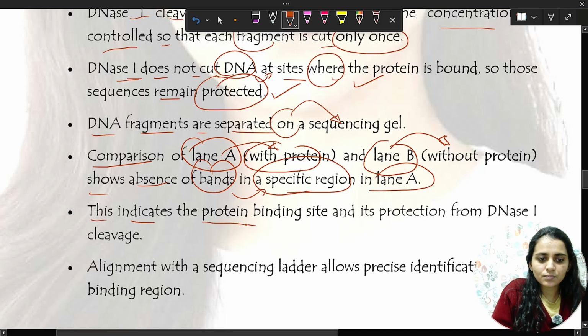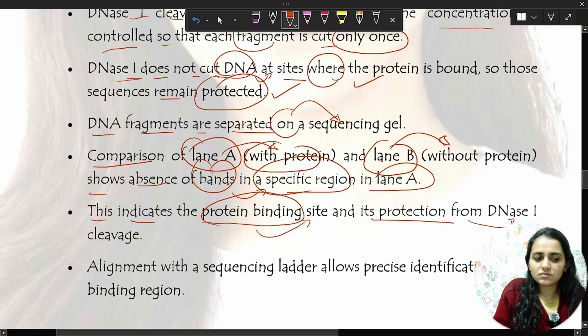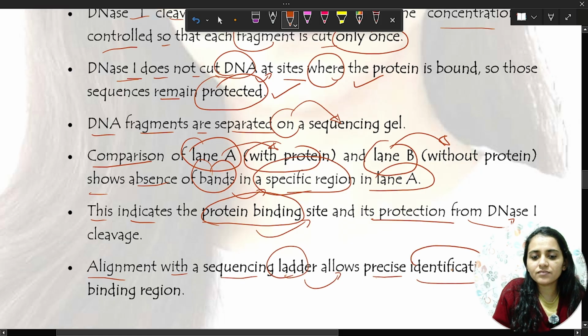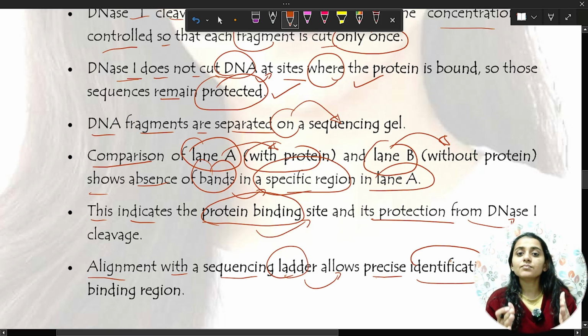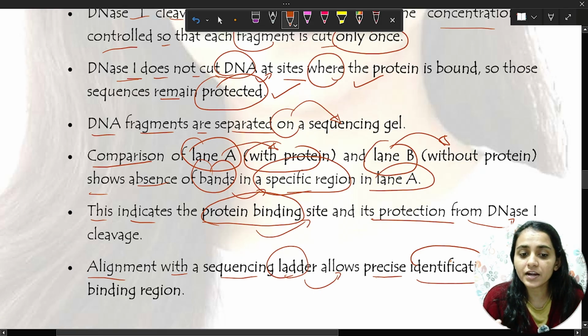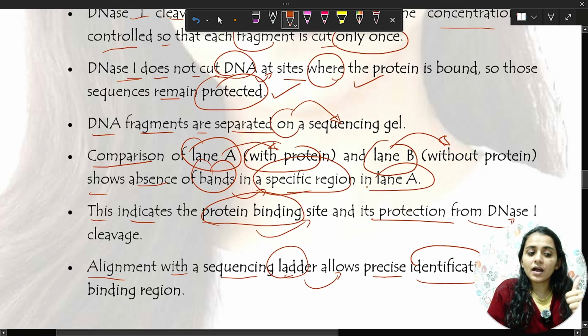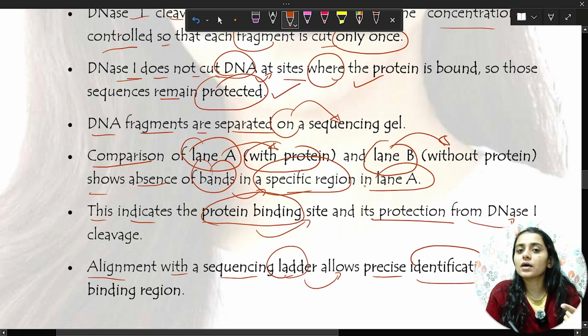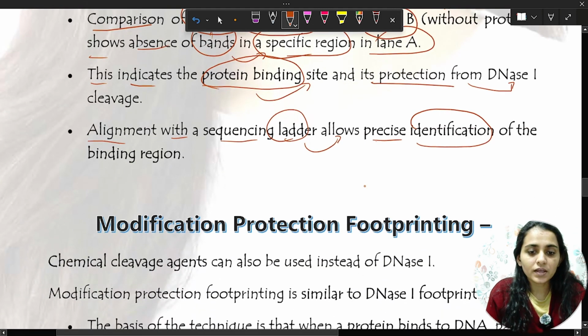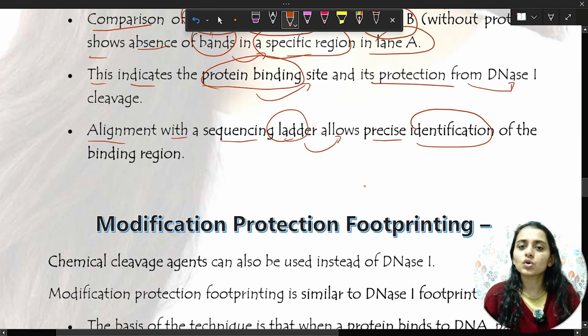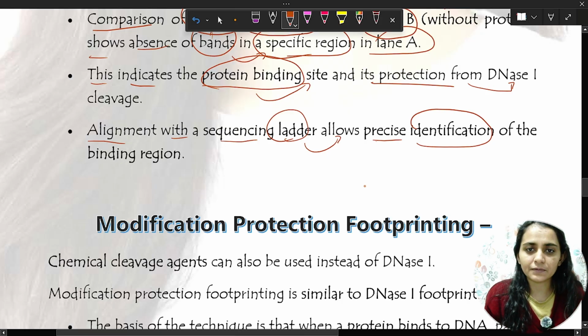This indicates the protein binding site and its protection from DNase I. Alignment with the sequencing ladder allows precise identification of the exact sequence of that particular binding region. That is all about nuclease footprinting or DNase I footprinting.